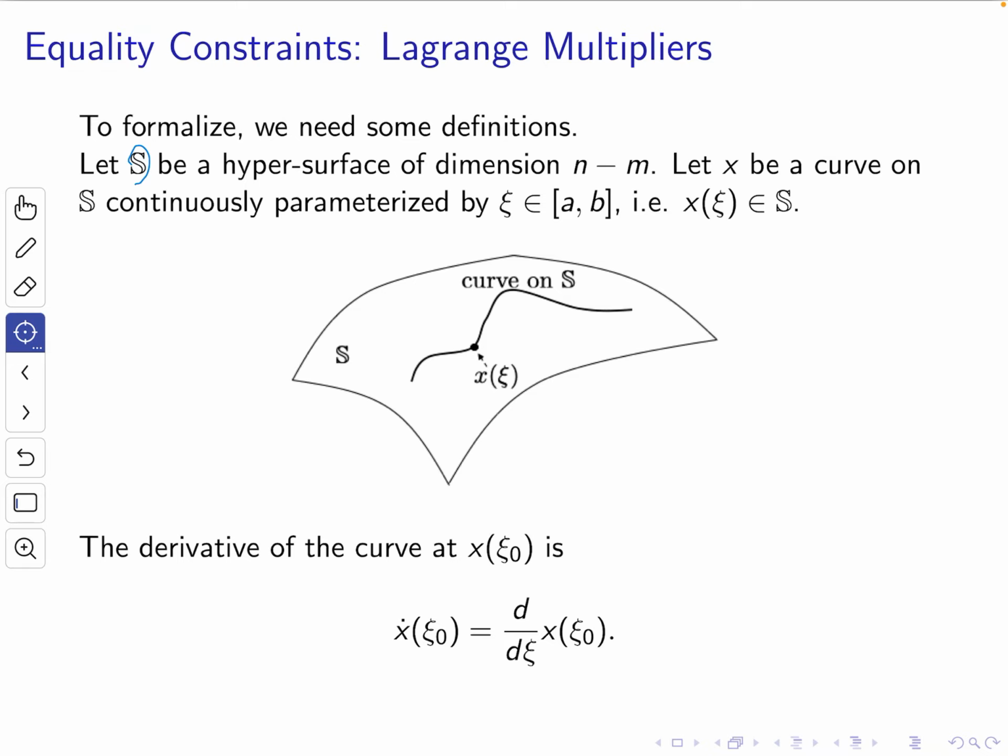So let's let x of c be some curve, and there could be other curves, but it's just some curve parameterized by c. This is the Greek x. Okay, so there's some curve, and we can take the derivative. So at any point x naught, we can take the derivative of x with respect to c, and the derivative of this curve would point tangent to the curve at every point.